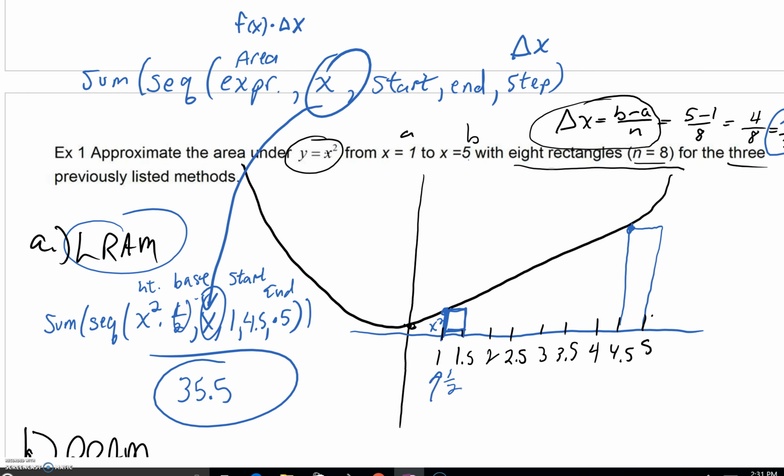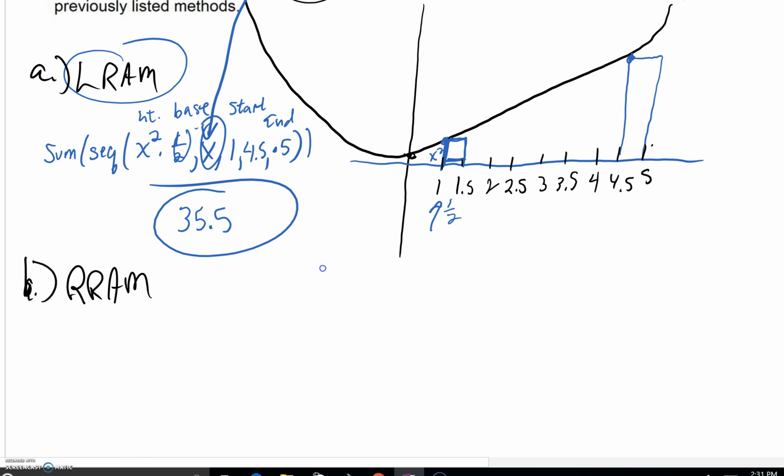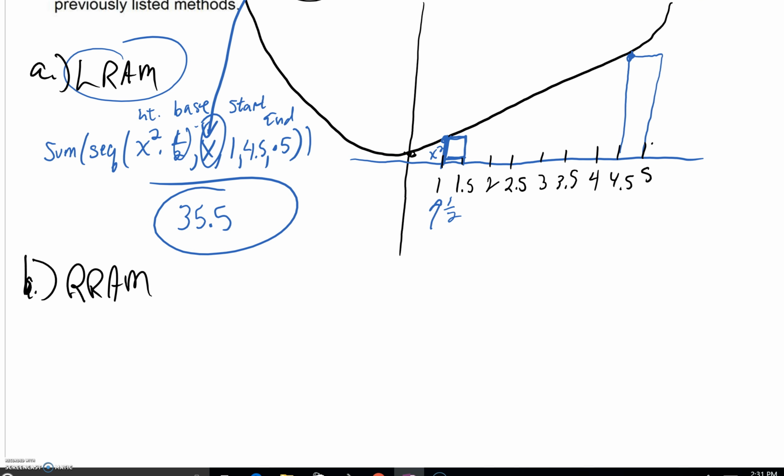Okay? So as we move over to RRAM, I hope you're going to see that RRAM looks amazingly close, except you still have the same base for your first rectangle and your last rectangle. But my goodness, as you look right now, you're going to see very quickly that the endpoints are different to determine your height.